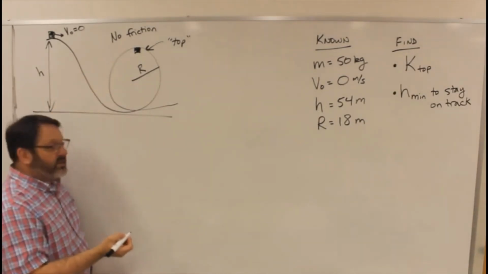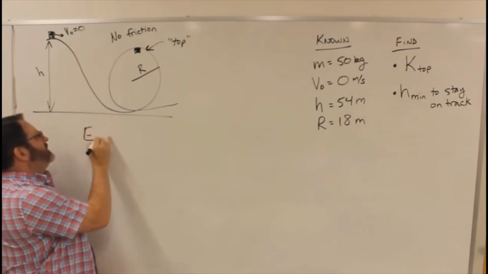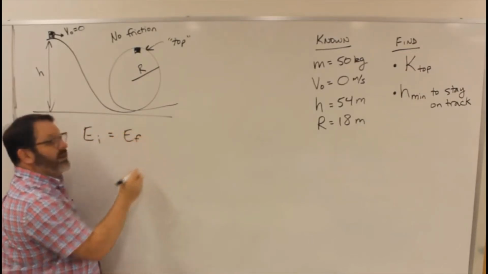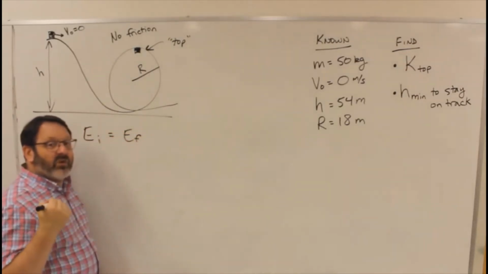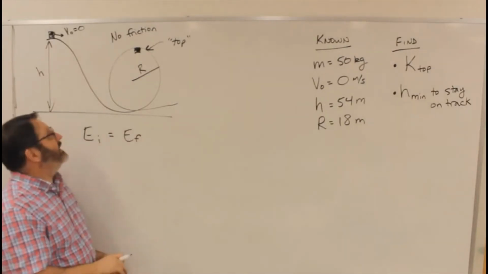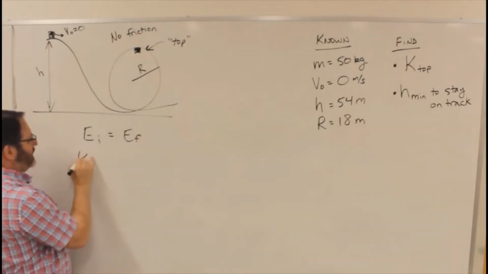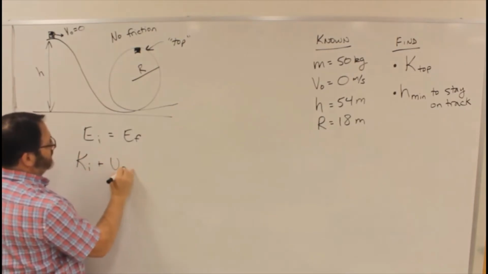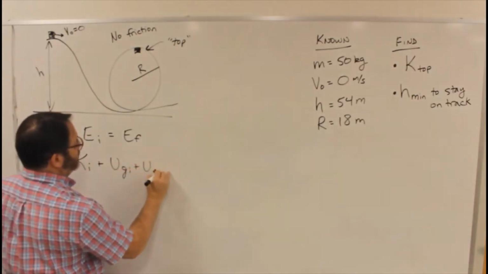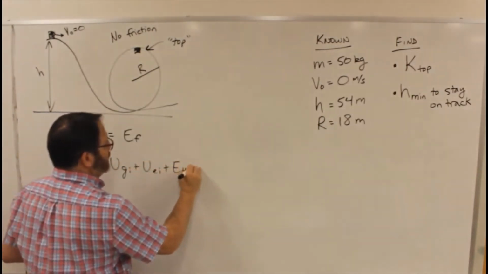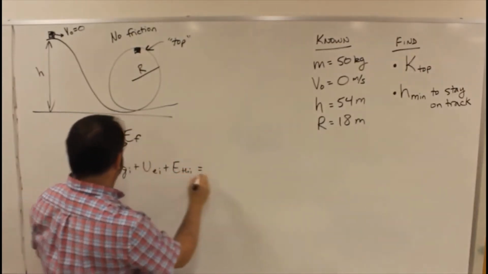So we'll use conservation of energy. So initial energy equals final energy since there is no external work being applied. So initial energy, this is K initial plus UG initial plus UE initial plus E thermal initial equals final.